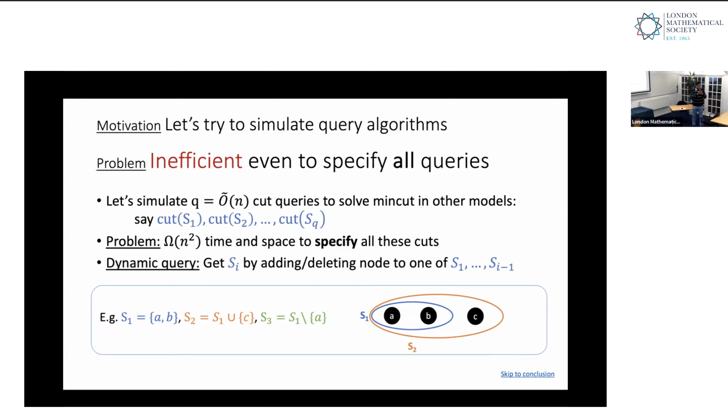To specify these cuts, you just need log n bits. So now if you have n many queries required in a dynamic way, it doesn't require too much information to solve the problem.